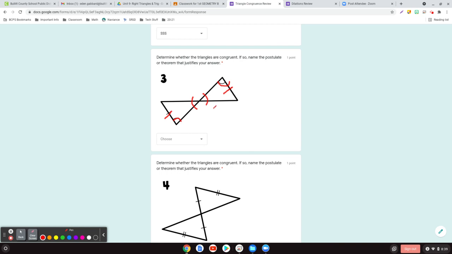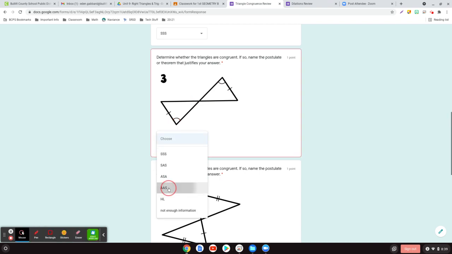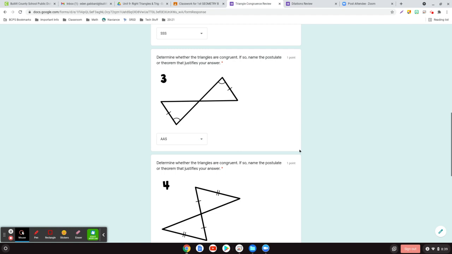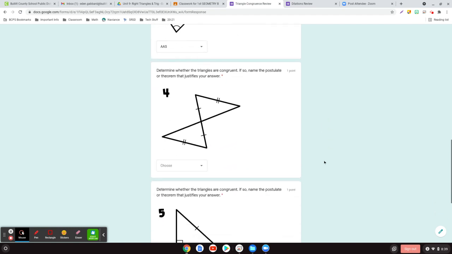So do we have a postulate that we can use that has 2 angles and a not included side? Well, that brings us to angle, angle, side, because we have 2 angles and a not included side.